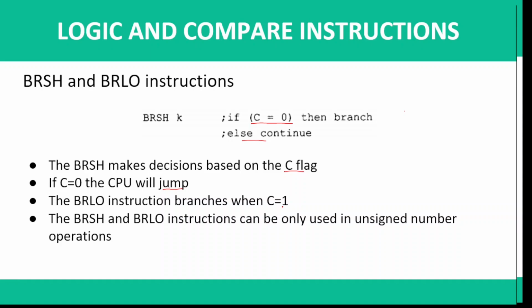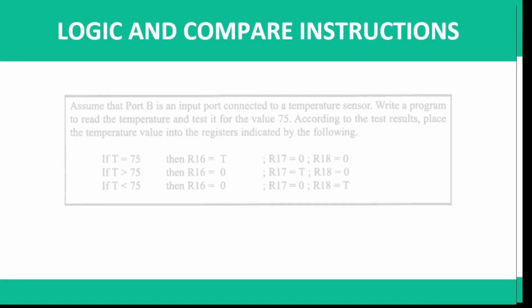Meaning, less than siya. Okay. BRLO, branch if lower. So, if C is equal to 1. So, this BRSH and BRLO instruction can only be used in unsigned numbers. Dili siya pwede magamit sa signed number.